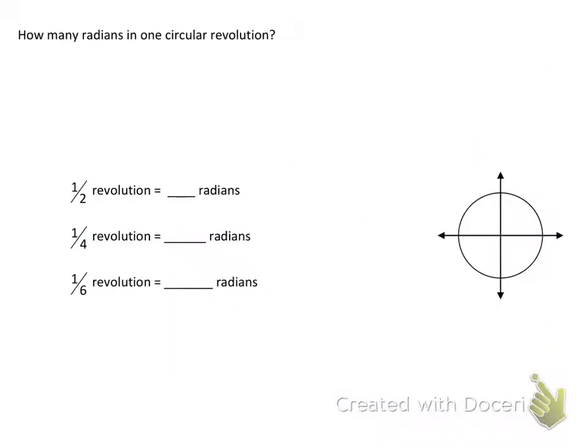So then how many radians would be in one circular revolution? Well, we know that arc length has a formula, which is S equals our radius times theta.